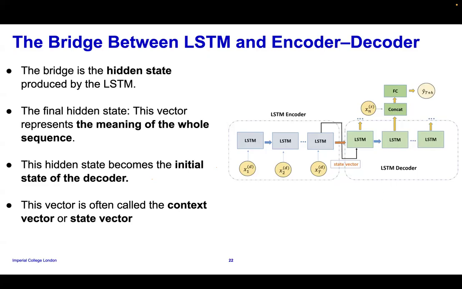Let me check. What is the issue of using a context vector in an encoder-decoder Seq2Seq LSTM architecture?